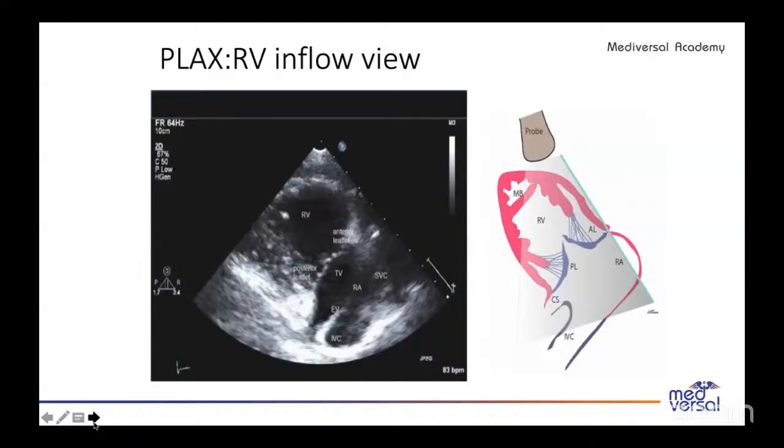So just remember the PLAX view, how we did it, and just move the probe a little upwards. Keep the transducer there, but the upper part, which is in your hand, just move it upwards. Then you will see the RVOT. So this is the RV inflow, right? Okay, next slide.